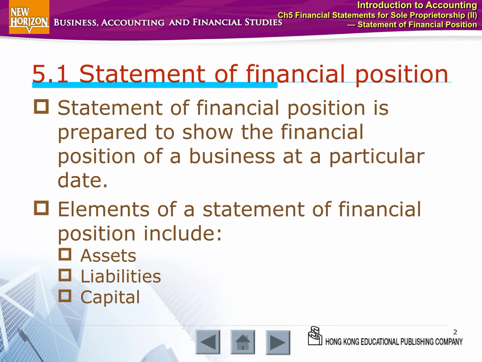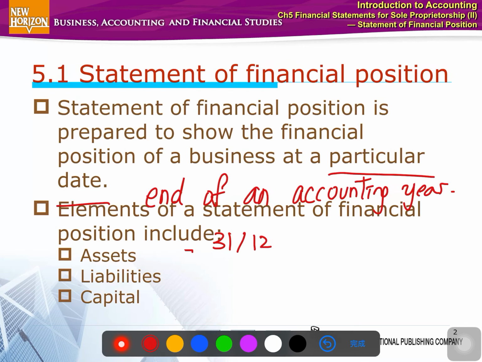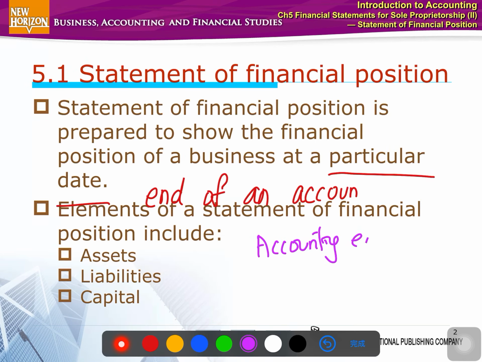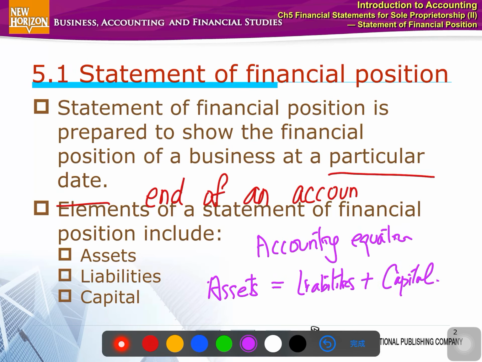And it shows 3 kinds of elements: assets, liabilities, and capital. So it's related to an accounting equation: assets equals liabilities plus capital.